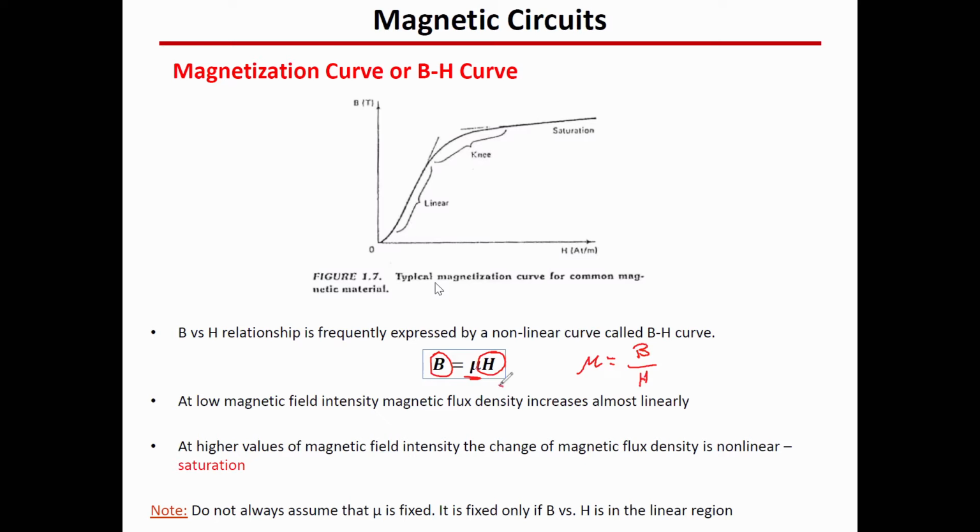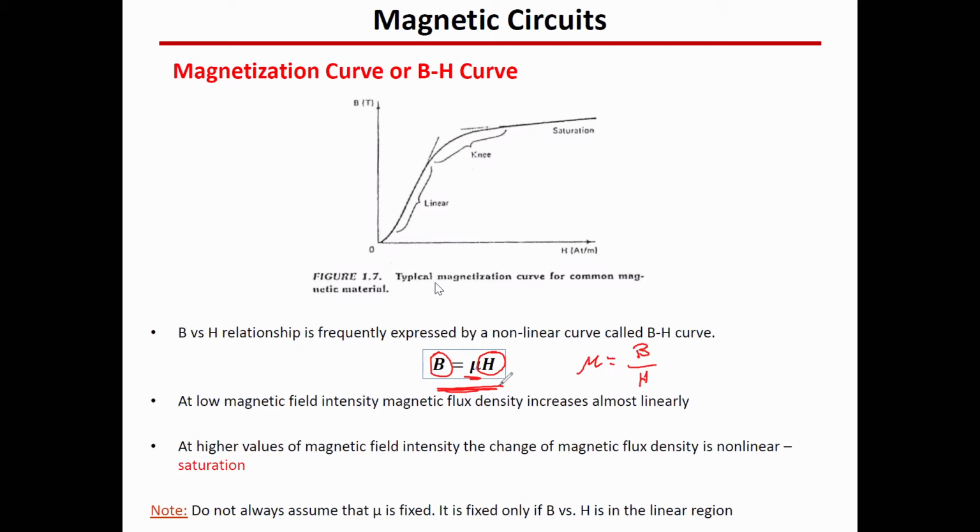And this is a linear equation based on our assumption that the value of mu is constant. You remember when I mentioned mu r, for example, I said if mu r for a certain material is 1000, it means that the capability of the material to conduct magnetic flux will be more by 1000, or the reluctance is less by 1000, etc.